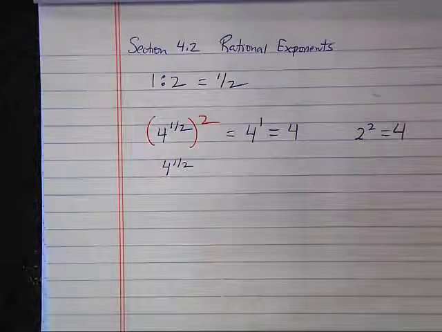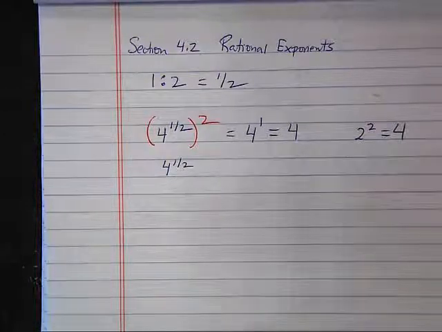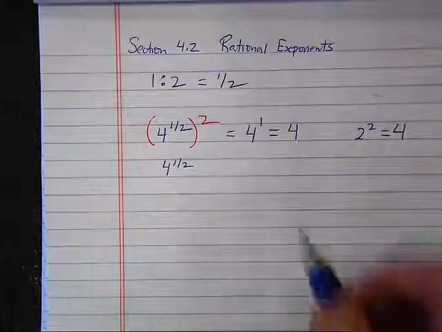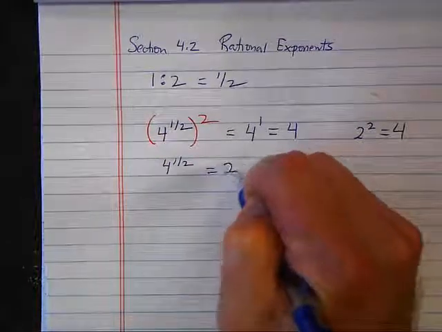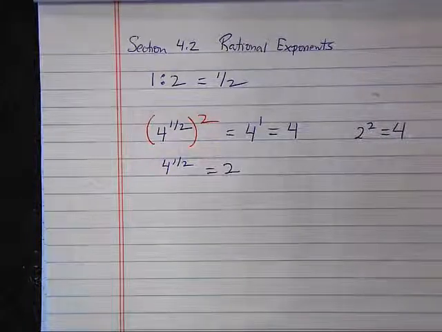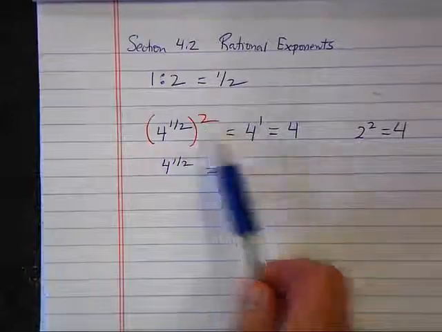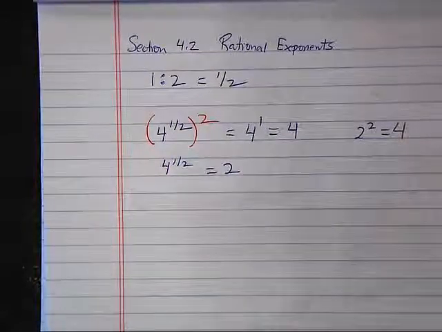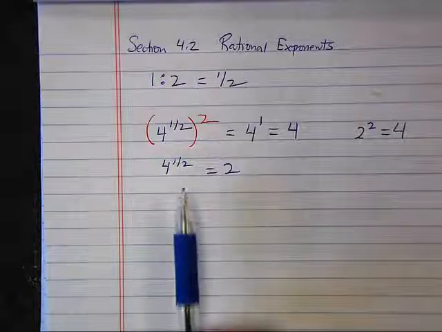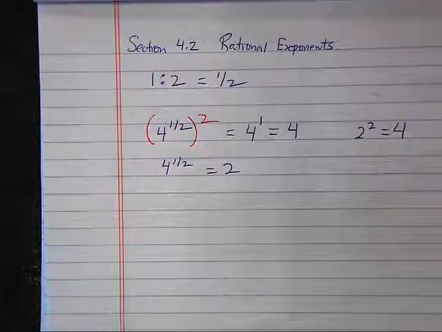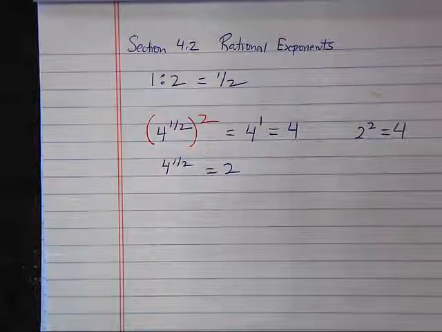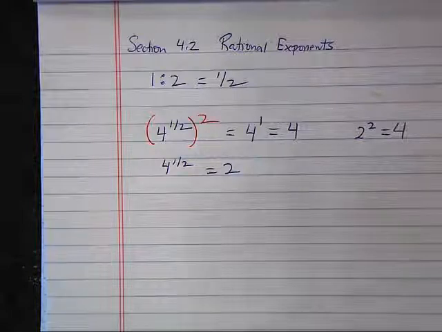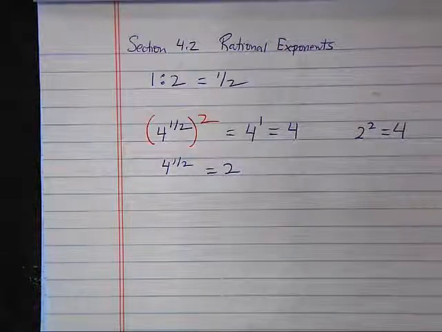So that leads me to believe that 4 to the 1/2 should be what? 4 to the 1/2 should be the number 2. Because when I take 4 to the 1/2 and square it, I get 4. When I take 2 and square it, I also get 4. So it seems reasonable that 4 to the 1/2 should be the number 2. They are exactly equal. 4 to the 1/2 is exactly equal to 2.